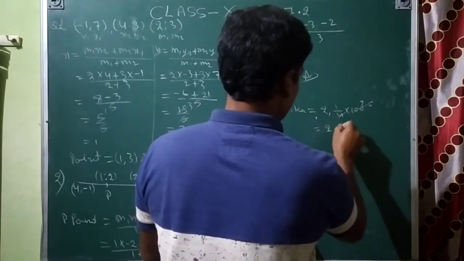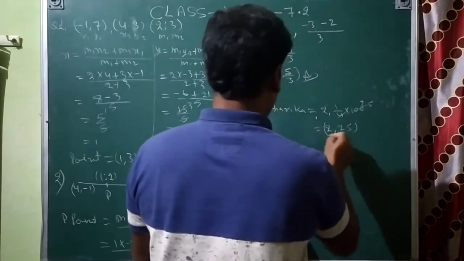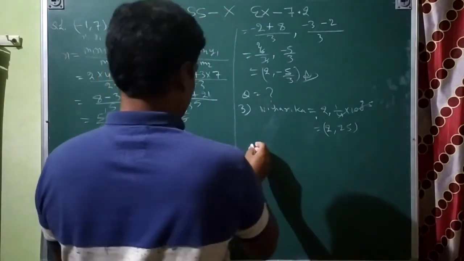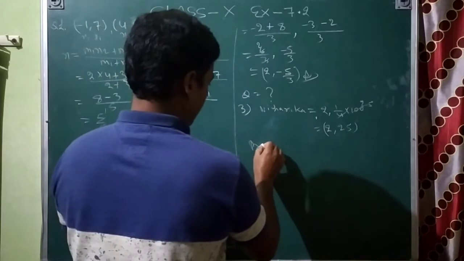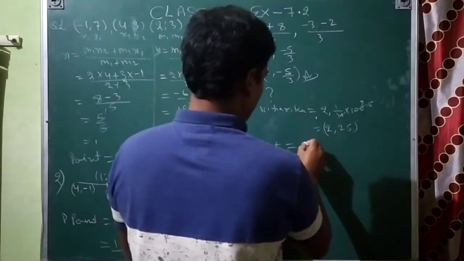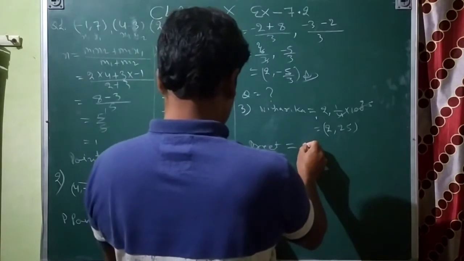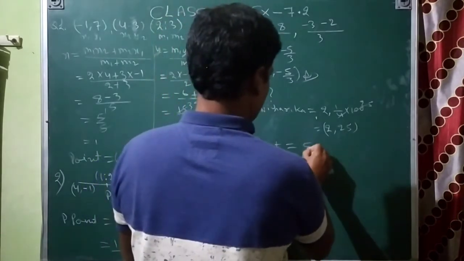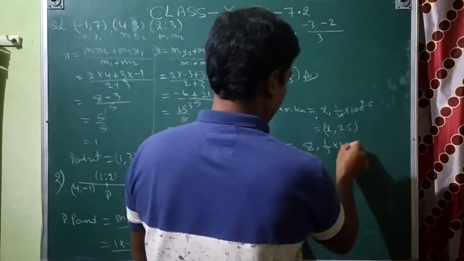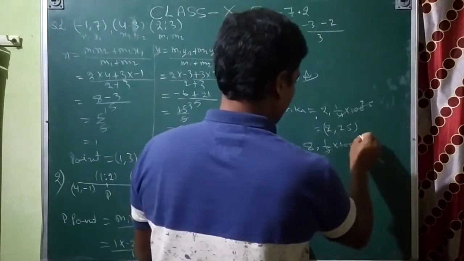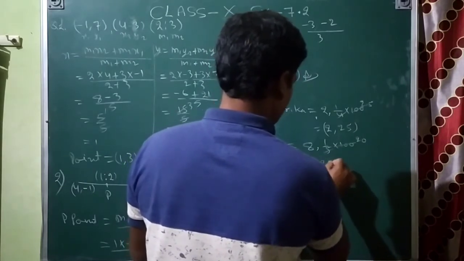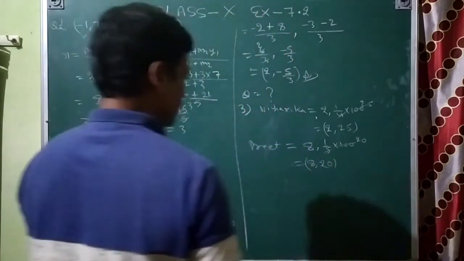So Niharika's coordinate is (2, 25). And Preet is running in the 8th line, and 1/5 of 100 flower pots is 20. So the Preet coordinate is (8, 20).